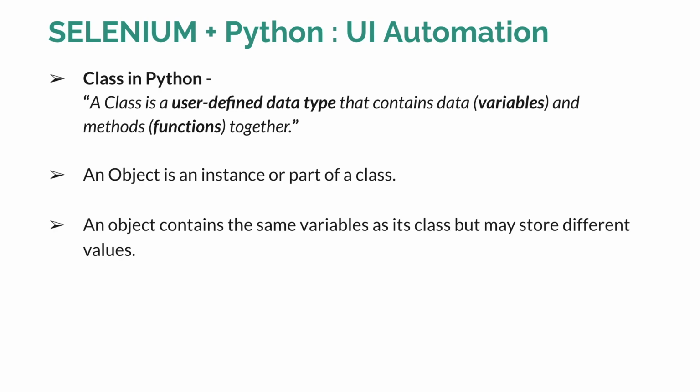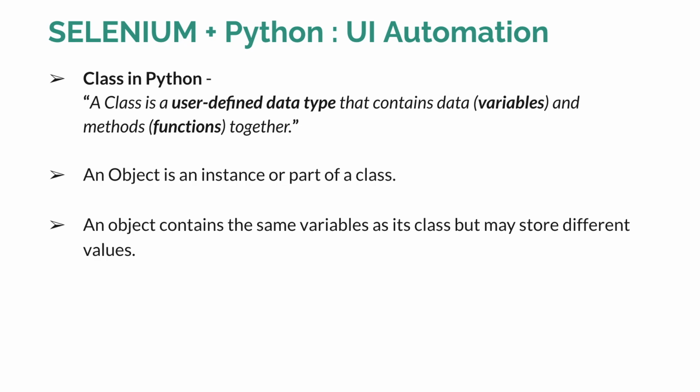Because an object is an instance of the class, it will contain the same variables as its class but may store different values. So basically, within the class you define the declaration of the data, but in the object of that class you store the actual value of that data.